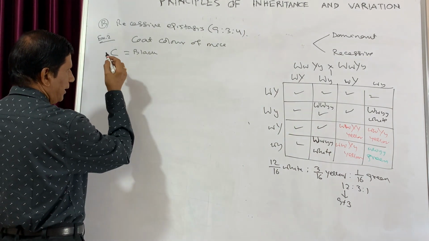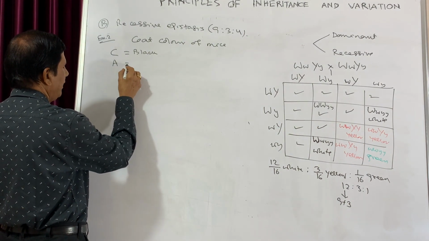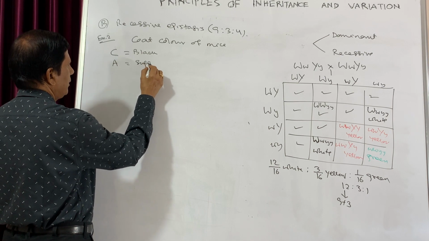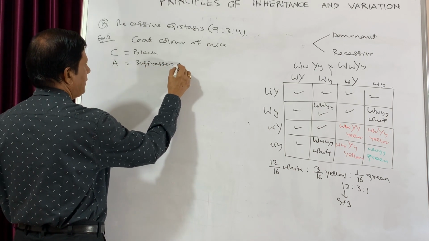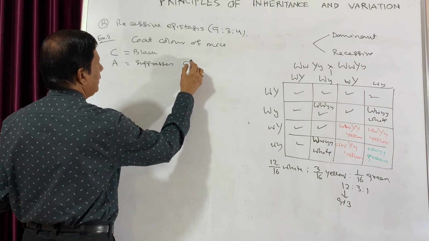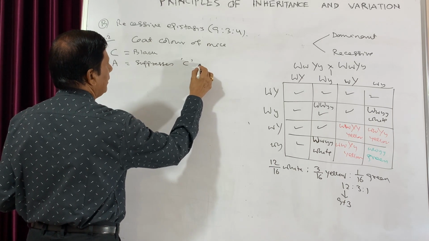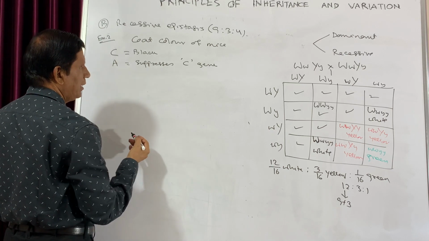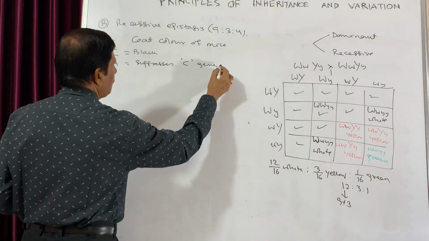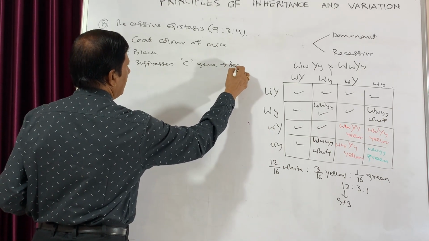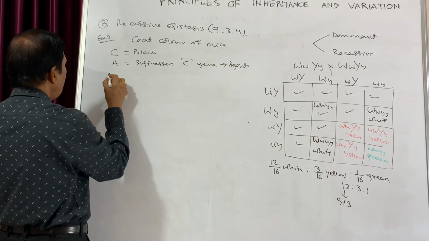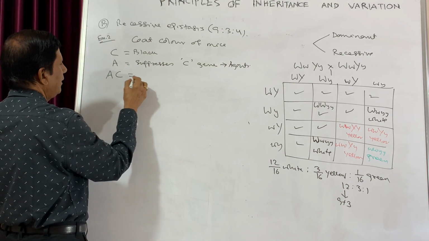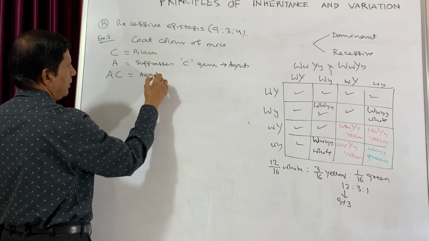If capital A is there, it suppresses the C gene and changes it to Agouti color. And when both capital A and C are there, naturally it will produce Agouti color.